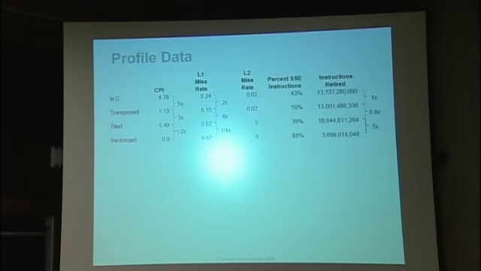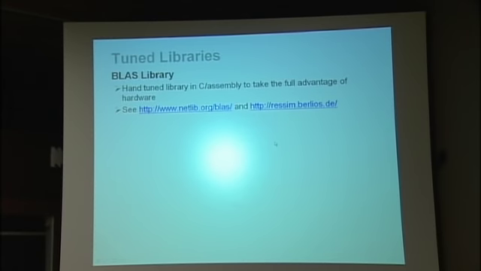So the number of instructions I execute has drastically gone down. Even though my instructions are running a little slower, I can amortize that and get good performance. And this shows that 88% of the instructions are SSE, so I have mapped most of the work to run in vector mode. Of course, you can keep doing more and more.